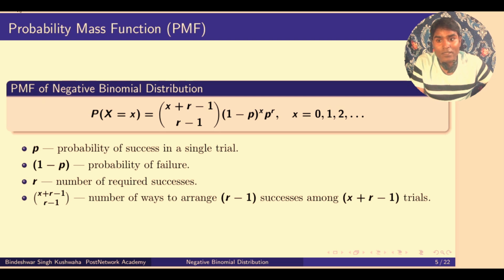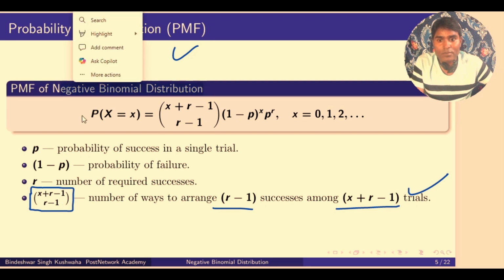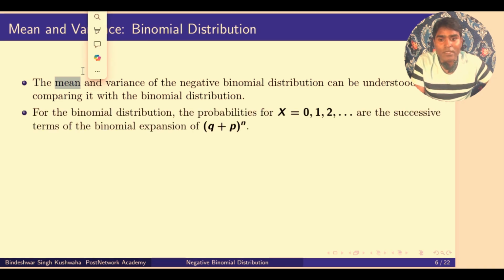The main element of the PMF is the number of ways to arrange r minus 1 successes among x plus r minus 1 trials.